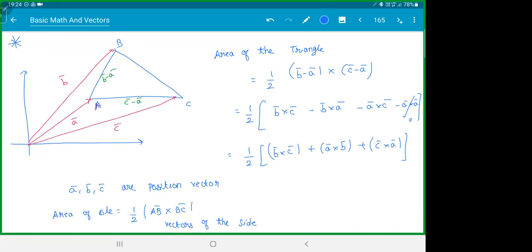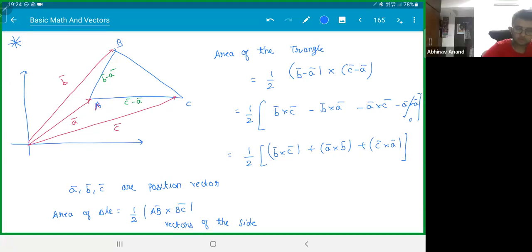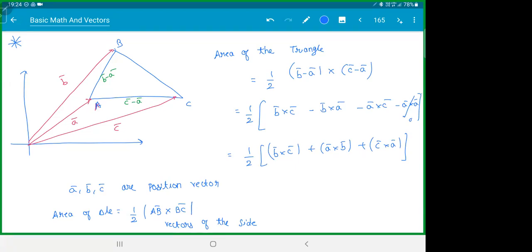Clear? So we use this formula only to find the area when the position vectors are given, right? Position vectors are given, so find the sides first, then just do half AB cross BC bar. All clear with this? So be careful between the sides of a triangle and the position vectors.